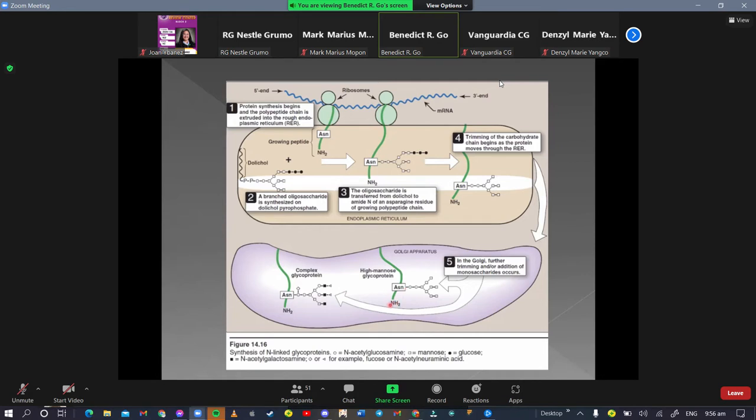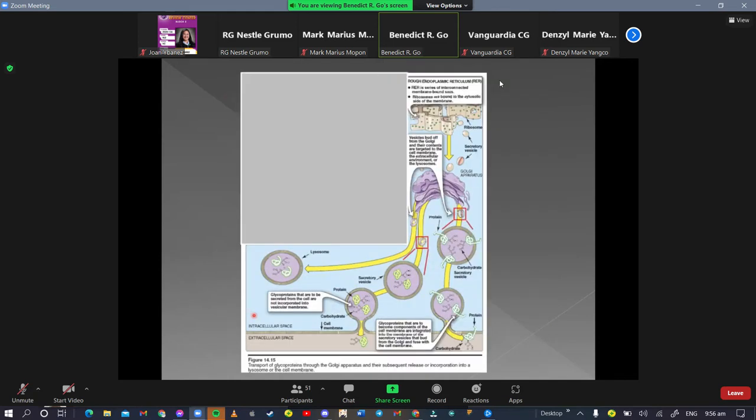Next. All right, this can be found actually in Lippincott. Take note that after those oligosaccharides or your glycoproteins are packed into various secretory vesicles, they can be targeted to lysosomes, and these glycoproteins are composed of certain hydrolases, your proteolytic enzymes.